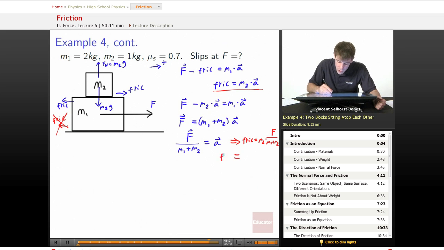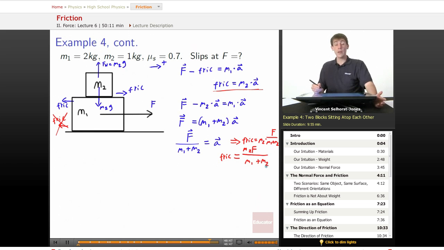So we've got that friction is equal to m2 times the force over m1 plus m2. So now we could sub these things in and we could figure out what are the actual numbers.